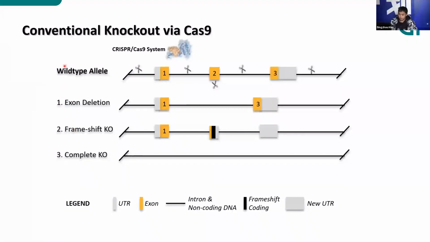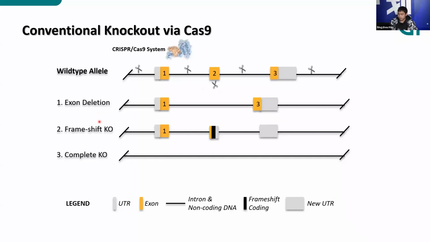So first, let's look at the conventional knockout strategy by Cas9. These days we have multiple ways, like vital essential exon deletion, or generation of a frameshift knockout in the upstream of the gene or in an essential exon, or design two Cas9 target sites upstream of the 5' untranslated sequence and downstream of the 3' untranslated sequence to delete the whole coding gene.